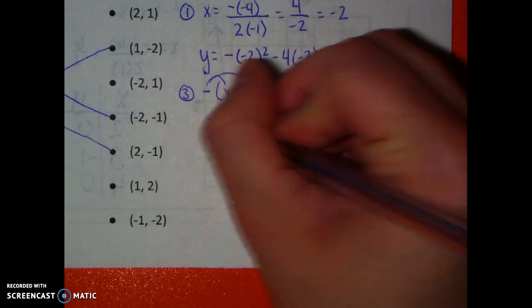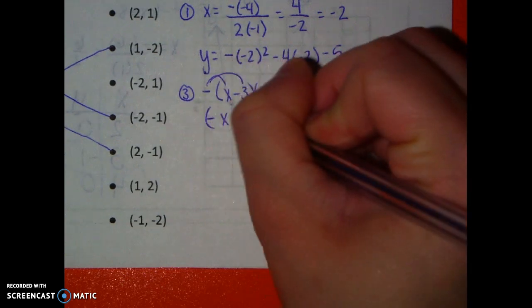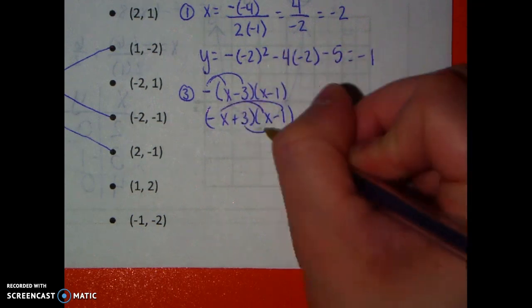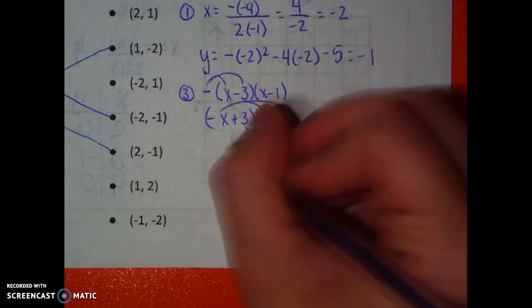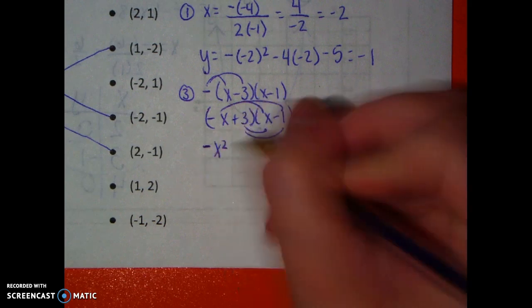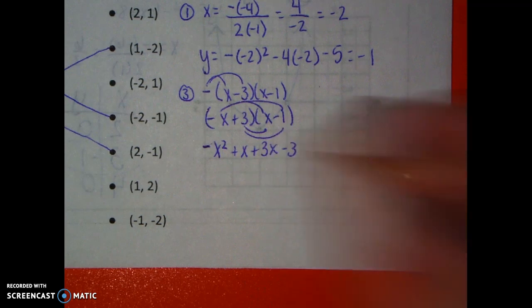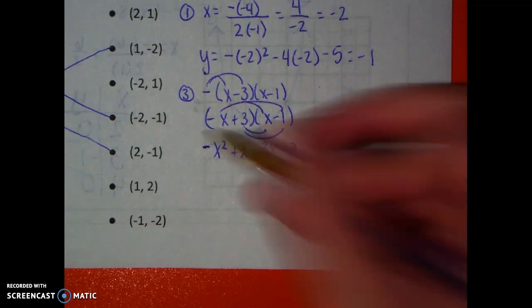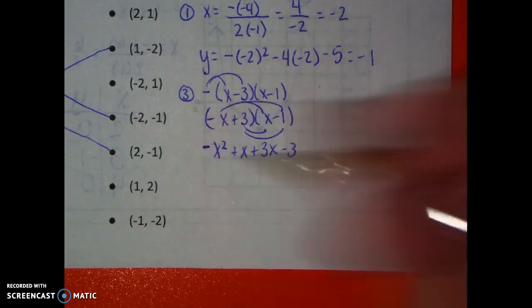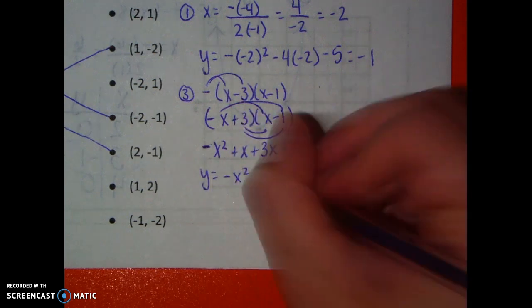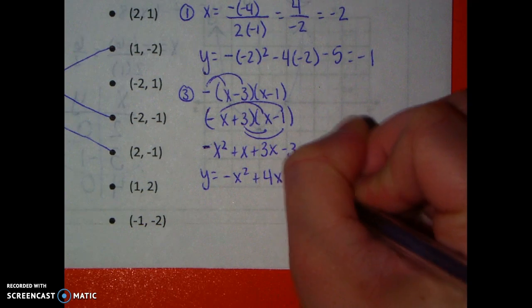So that is negative x plus 3 times x minus 1. So negative x squared plus x plus 3x minus 3. And combine like terms. So I will get y equals negative x squared plus 4x minus 3.